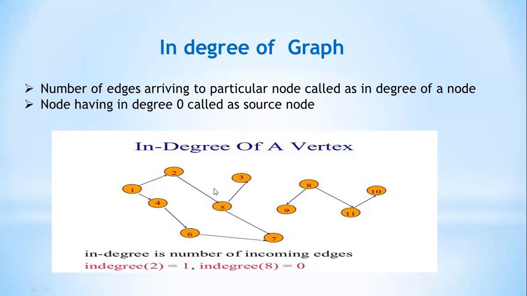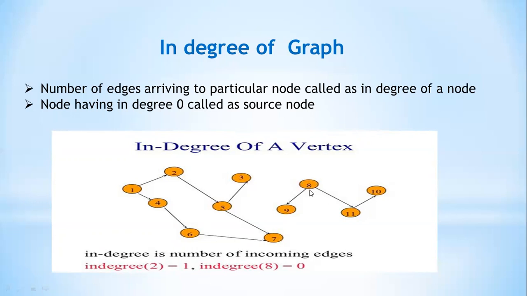So if there is a node where no incoming edges are there, then that type of node is called a source node. So in this diagram, let's say this is the one graph. If I have to count the in degree of node 2, here only one edge is coming from 1, right? So the in degree of that node is 1. If I say in degree of node 8, at node 8 no incoming edge is there.